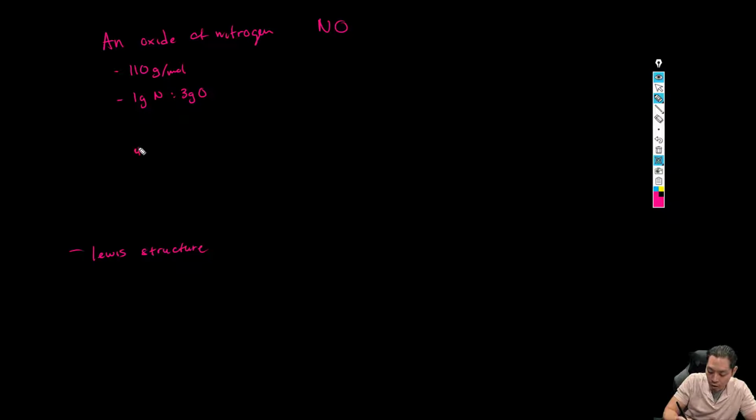So out of 4 grams, 1 gram is going to be nitrogen, or 25%. You could do the same thing with oxygen: 3 out of 4, which gives us 75%. Then if we know the total, 110, and multiply it by those percentages, you get the mass of each.